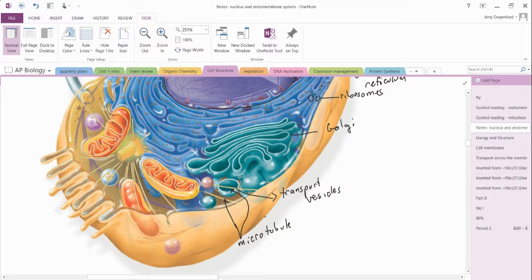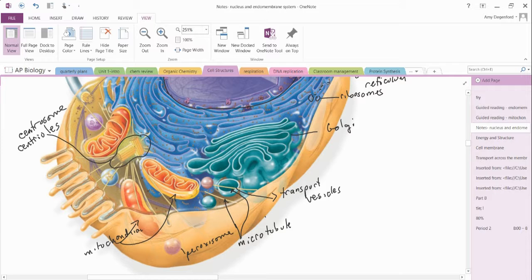Down here we have a peroxisome. We have our mitochondria in our orange. This yellow body is our centrosome. And inside that we have our centrioles.